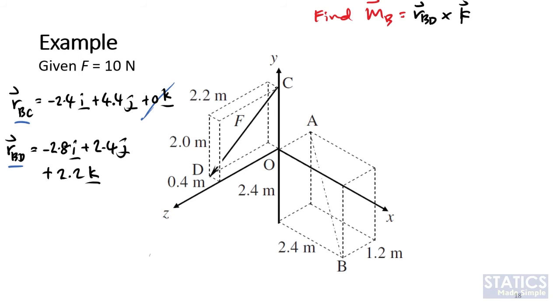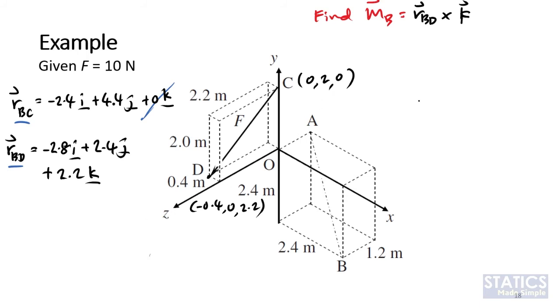So F is from C to D. The coordinate of C is known: along X is 0, along Y is 2, along Z is 0. For point D, the coordinate is along X minus 0.4, along Y 0, along Z 2.2.